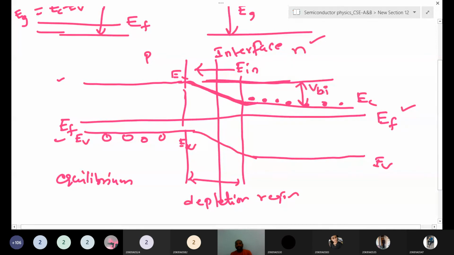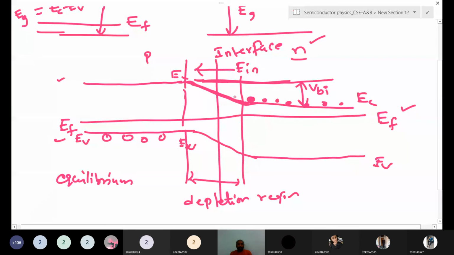You got it. What is the built-in potential? Once the semiconductor junction is forming, because of this electric field, there is a built-in potential. After forming the depletion region, the free electrons in the n-type semiconductor want to diffuse to the p-type semiconductor, but they see some barrier height.